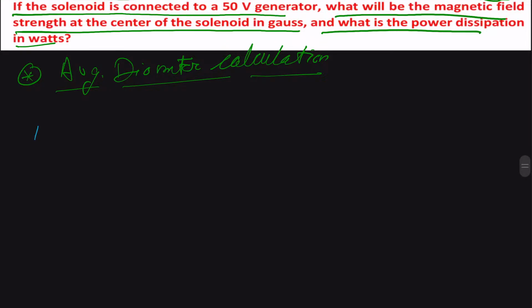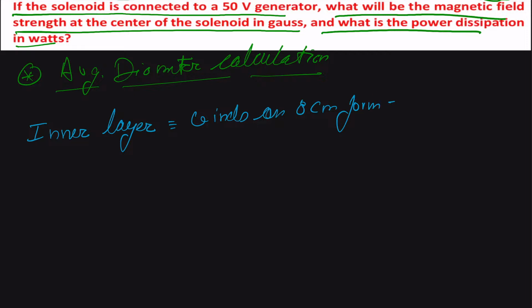We have an inner layer. This inner layer winds on an 8 centimeter form. Therefore, we can say that the diameter, which is supposed to be D1, is 8 centimeter.